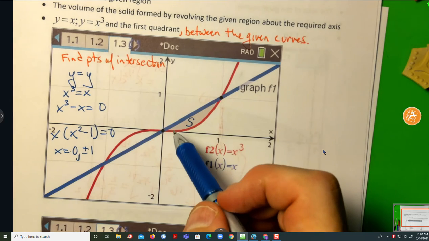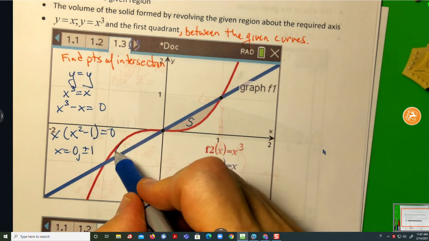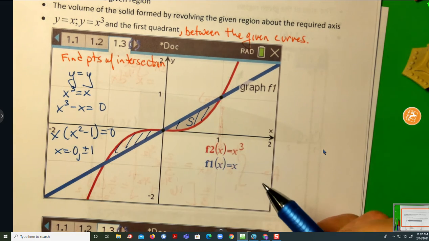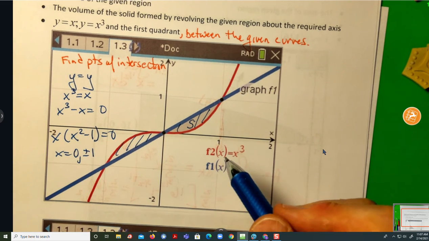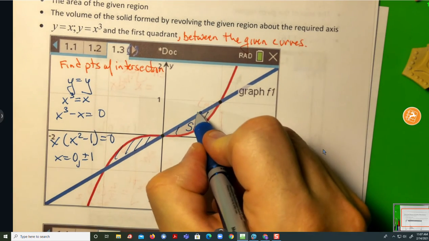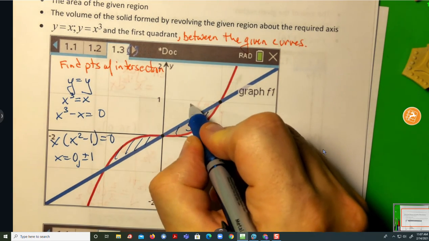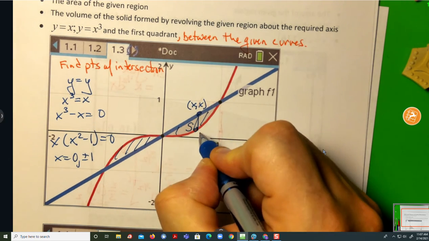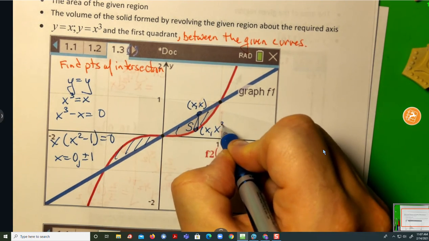Now, this region down here has the same area as region S. However, to find it, it's different. So we first start with putting our sample point. Now this sample point, we have an x and y is x. Draw this down here. We have an x and y is x cubed.